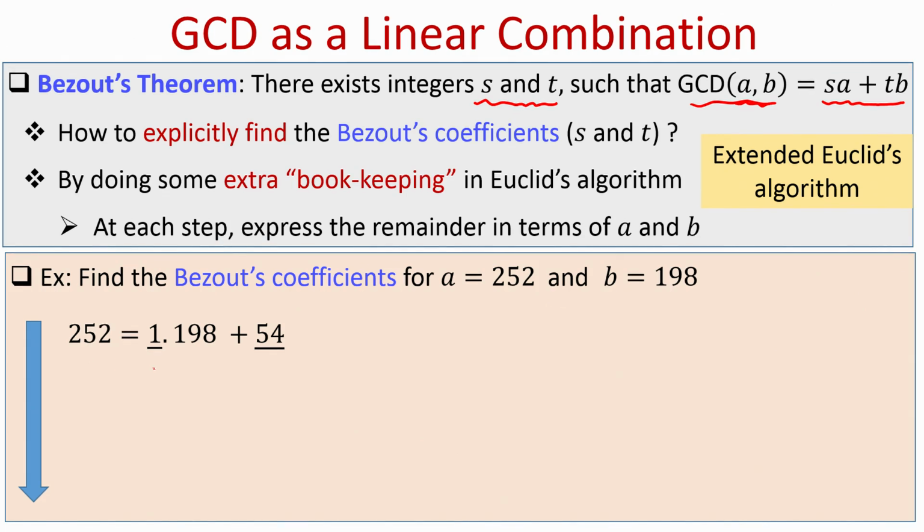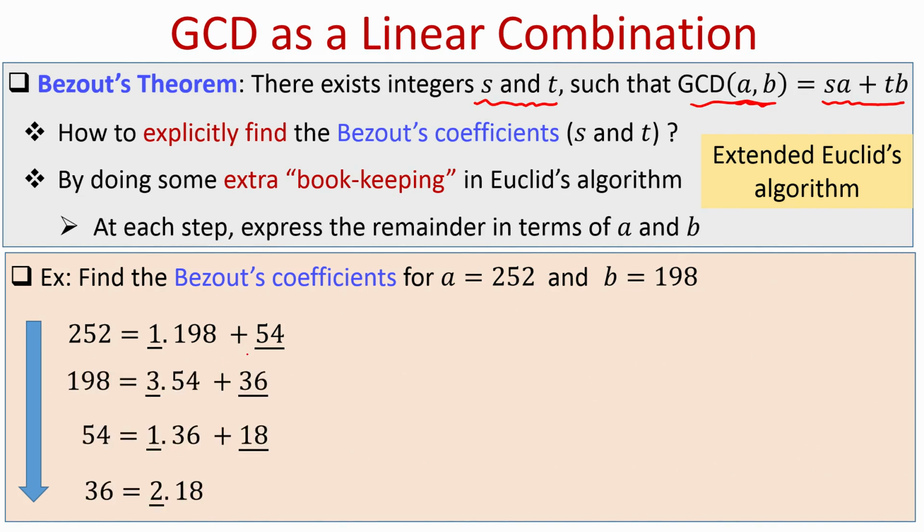In the first iteration, your a will be 252, b will be 198, and you will obtain the value of 252 modulo 198. In the next iteration, your a will become 198 and your b will become the current remainder 54, and so on, and you do this till your remainder becomes 0, and when your remainder becomes 0, you know that 18 is your GCD.